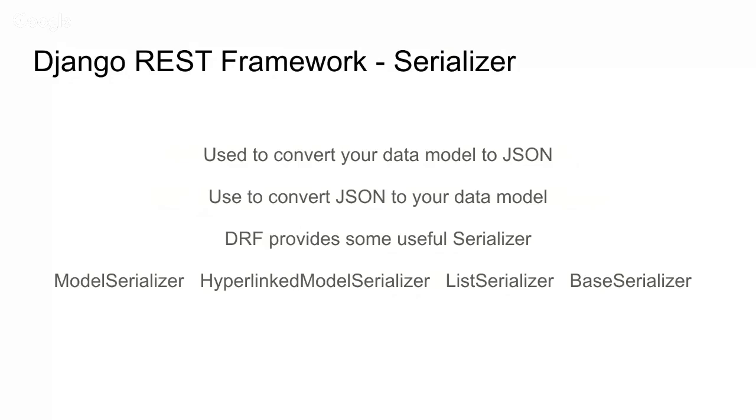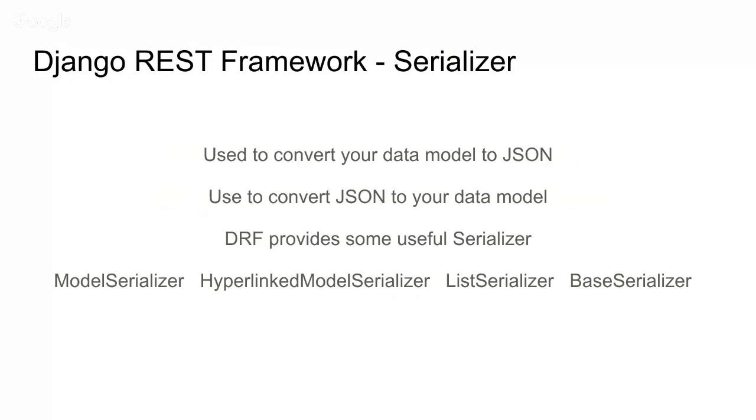The next thing, and that's where we start to actually go into what the Django REST framework gives you, is called a serializer. The serializer is used to convert your data model to an output. Most of the time for REST services, this output will be JSON, but it could be XML, for example.